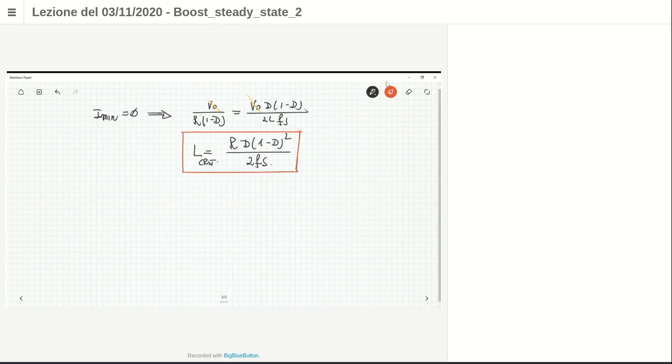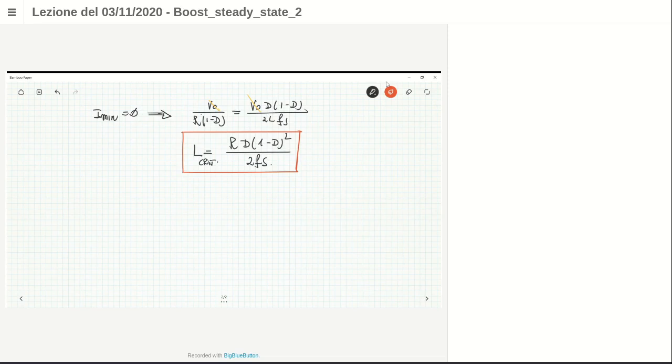Okay, so as we did for the buck converter, we can find the inductance L that you can choose in order to be sure that you are designing a boost in CCM or in DCM operating conduction mode. The situation for the boost is a little bit different with respect to what we found for the buck converter, because this expression needs some further analysis with respect to that of the buck.